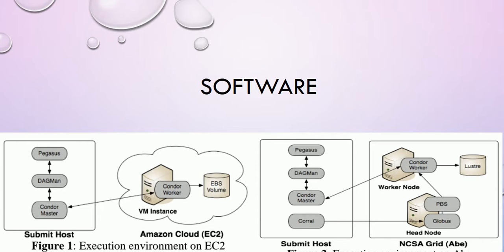The software that was deployed on EC2 is shown over here. A Submit host running outside the cloud was used to coordinate the workflow. So this is a host using the outside thing.